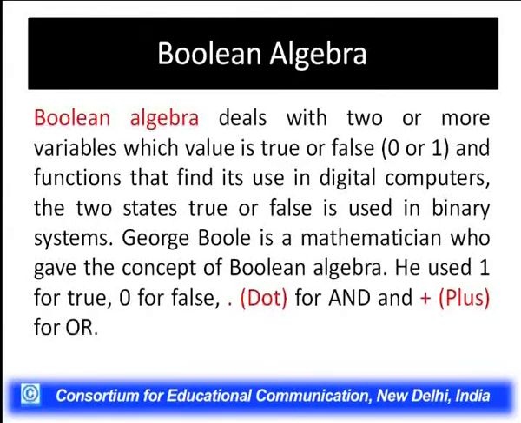The two states, true or false, are used in the binary system. George Boole is the mathematician who gave the concept of Boolean algebra. He used 1 for true, 0 for false, dot for AND and plus for OR.